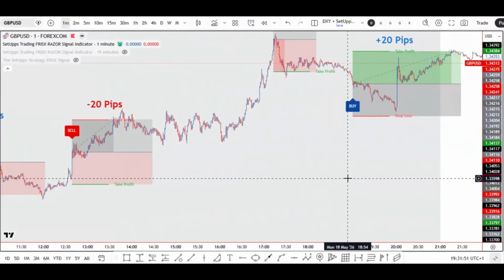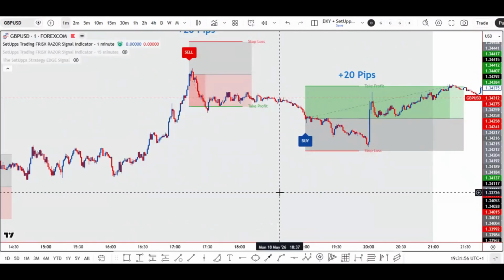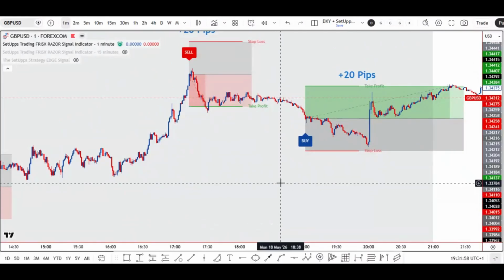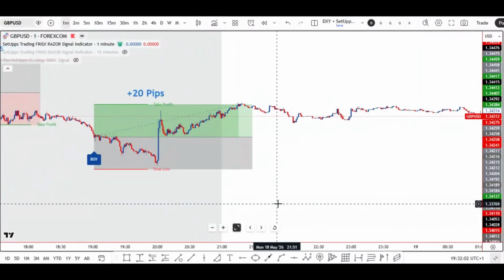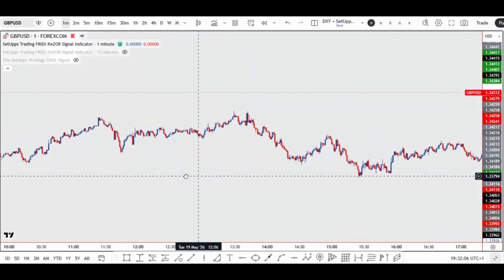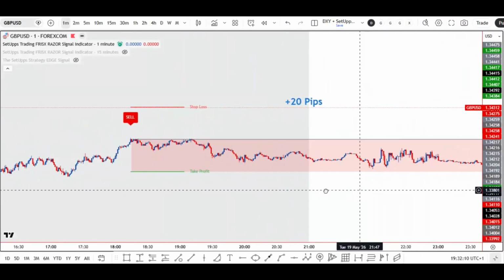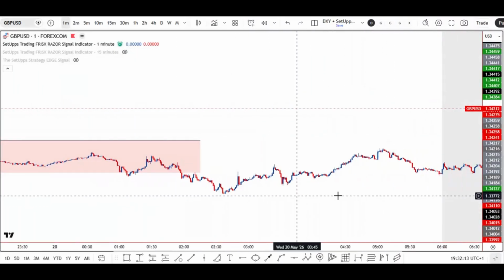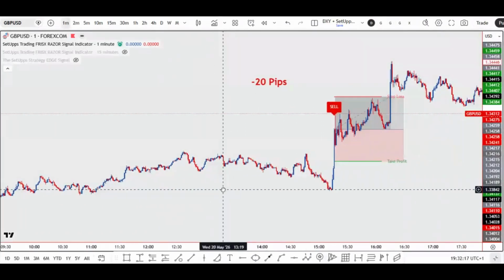As I said, indicators and signals are not everyone's cup of tea. It never used to be mine, but if the strategy does work and it's been tested, then it helps you to be more disciplined. If you are someone like me that used to love scalping and overtrading, signals help you be more disciplined.